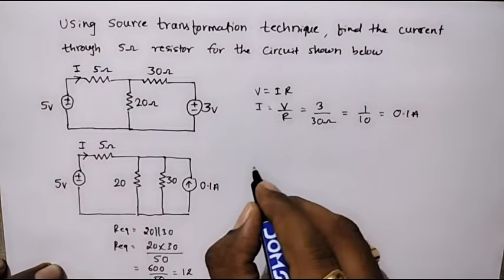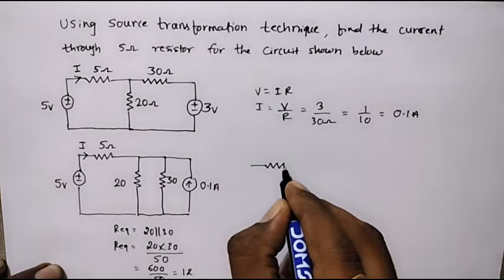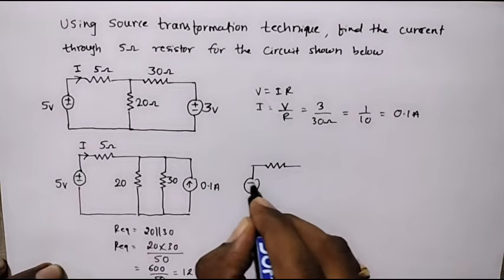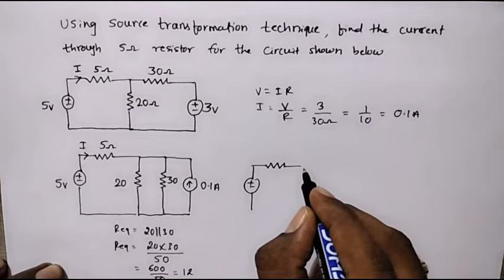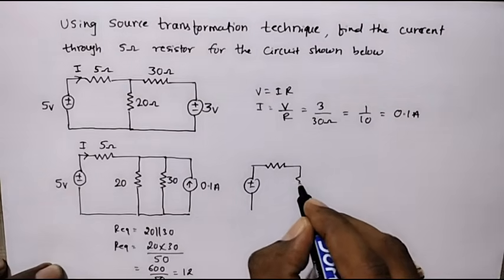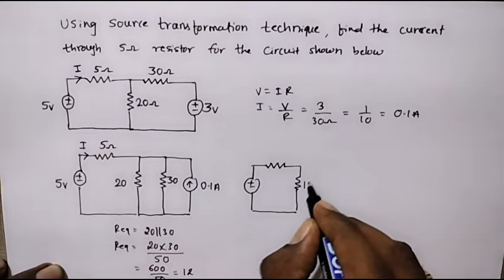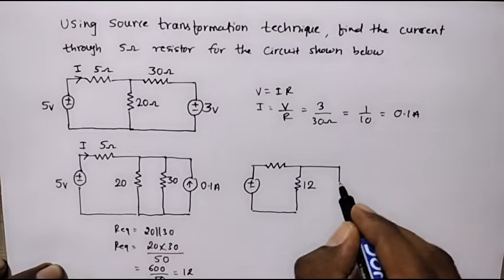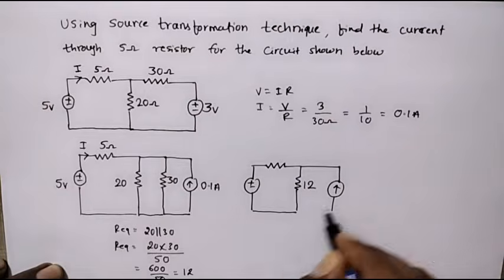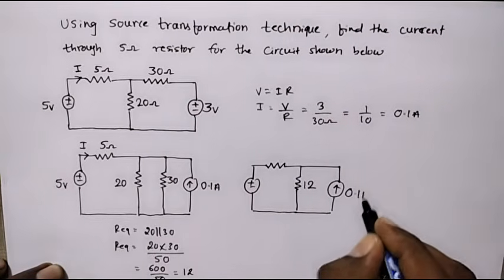So I redraw the circuit now. The magnitude of this resistor is 12 and there is a current source of magnitude 0.1 amps.